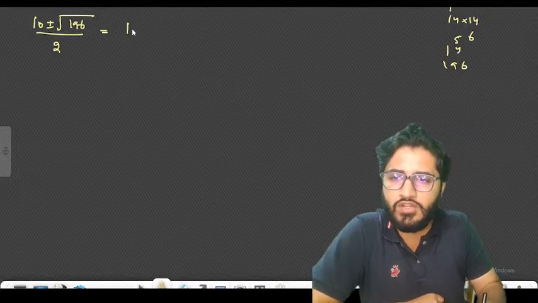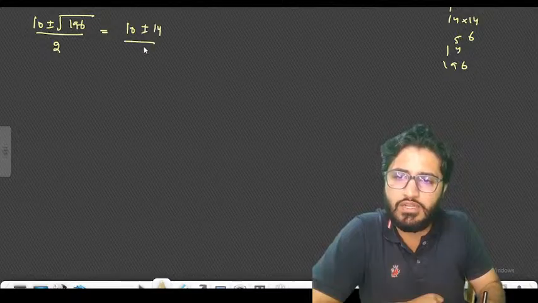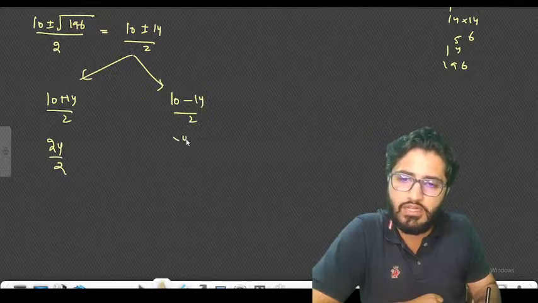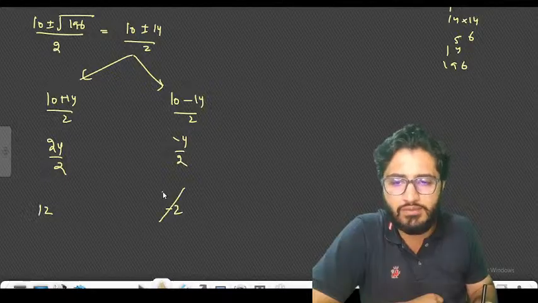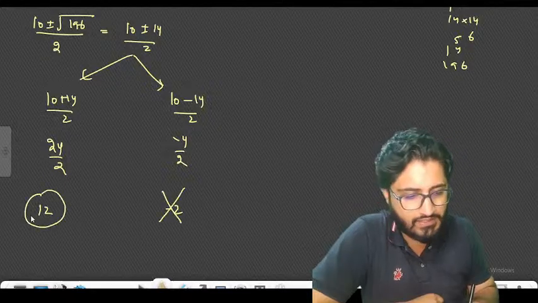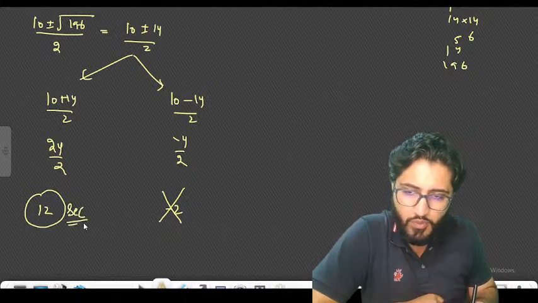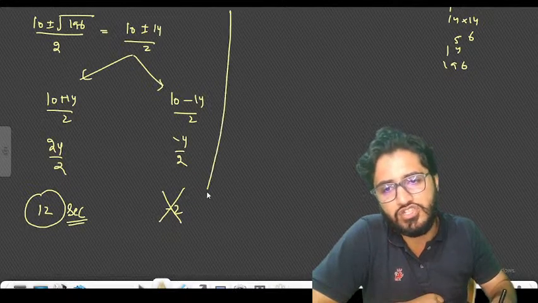Yeah, 14. It is 10 plus minus 14 by 2. So first answer is 10 plus 14 by 2, second answer is 10 minus 14 by 2. It is 24 by 2, and this will be minus 4 by 2. This will be 12. This will be minus 2. Time cannot be minus, so plus 12 is my answer. So within 12 seconds, your projectile will touch the ground.